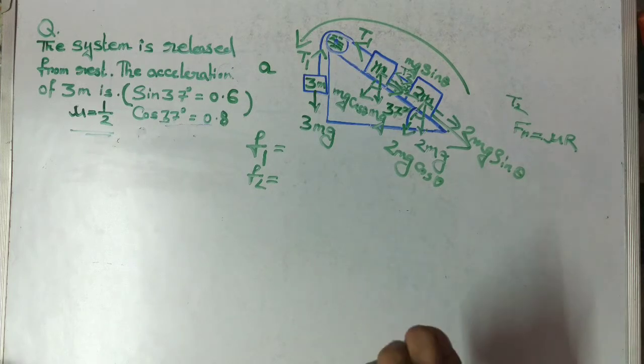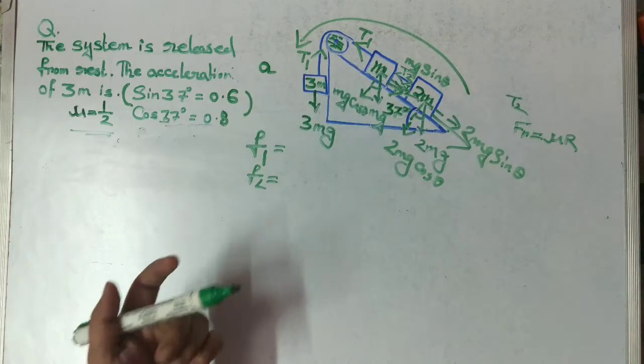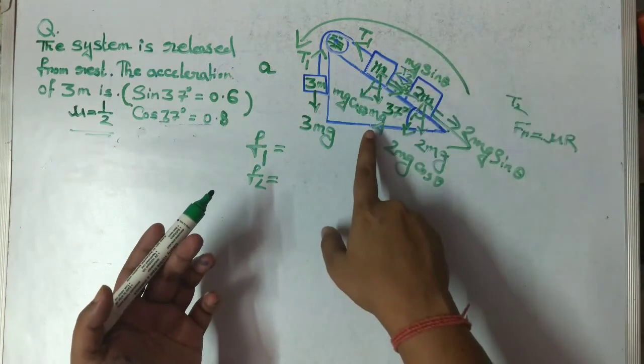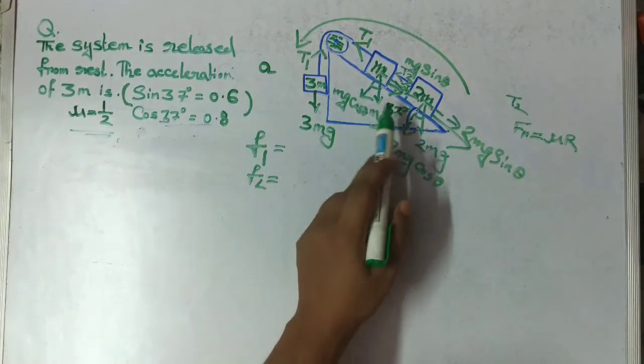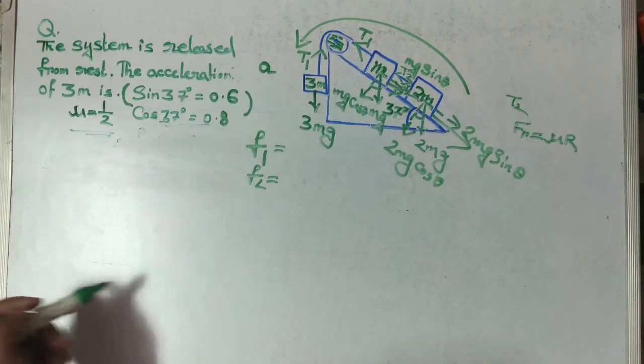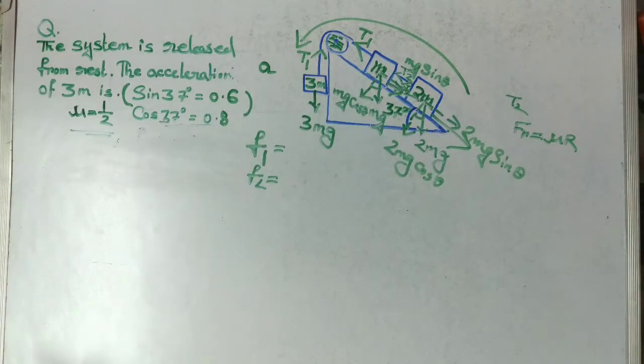The inclined plane will experience the weight of the body m as mg cos theta, because the perpendicular portion of the weight mg is mg cos theta. The whole mg is not experienced by the inclined plane, but the mg cos theta, which is perpendicular to the inclined plane, will be experienced as a weight.